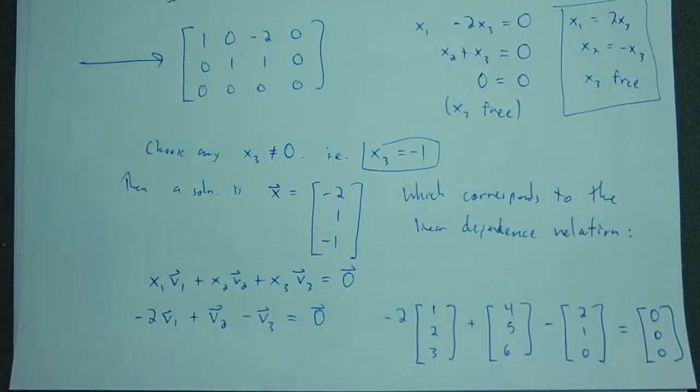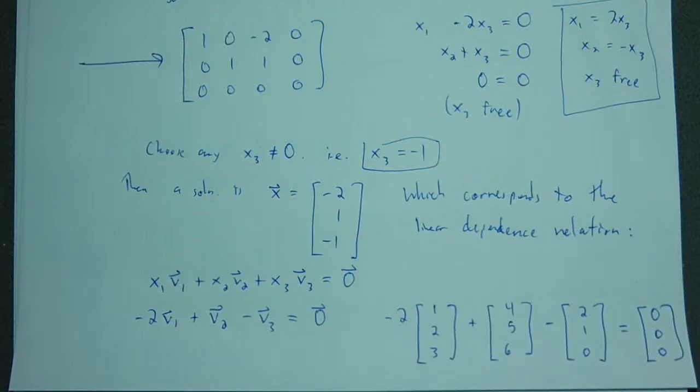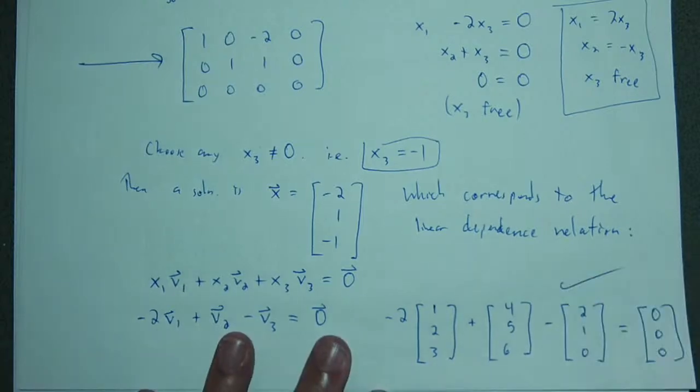Okay. And you can just immediately check that this actually works, right? Minus 2 plus 4 minus 2 is 0. Minus 2 times 2 is minus 4, plus 5 is 1, minus 1 is 0, and minus 2 times 3 is minus 6, plus 6 is 0, minus 0 is 0. Right, so this works out. This is the linear dependence relation.